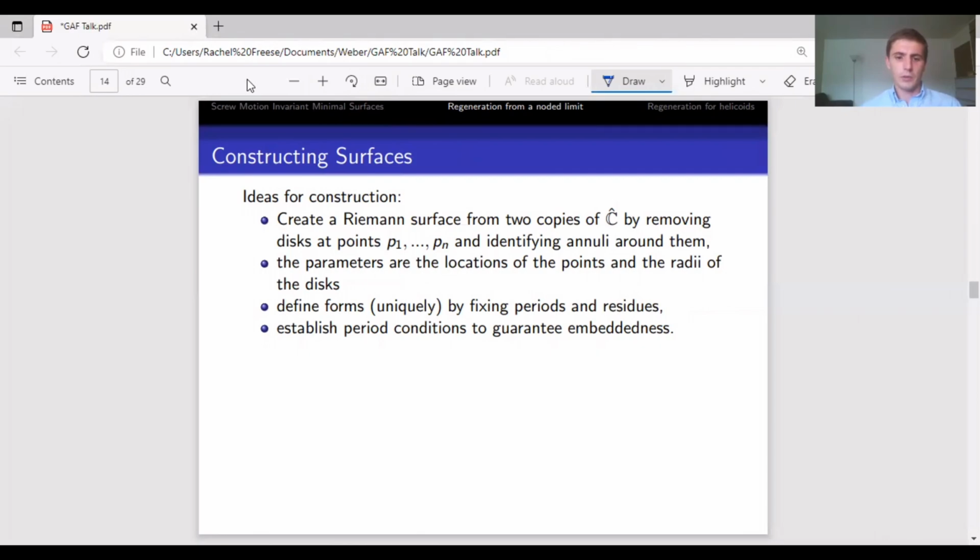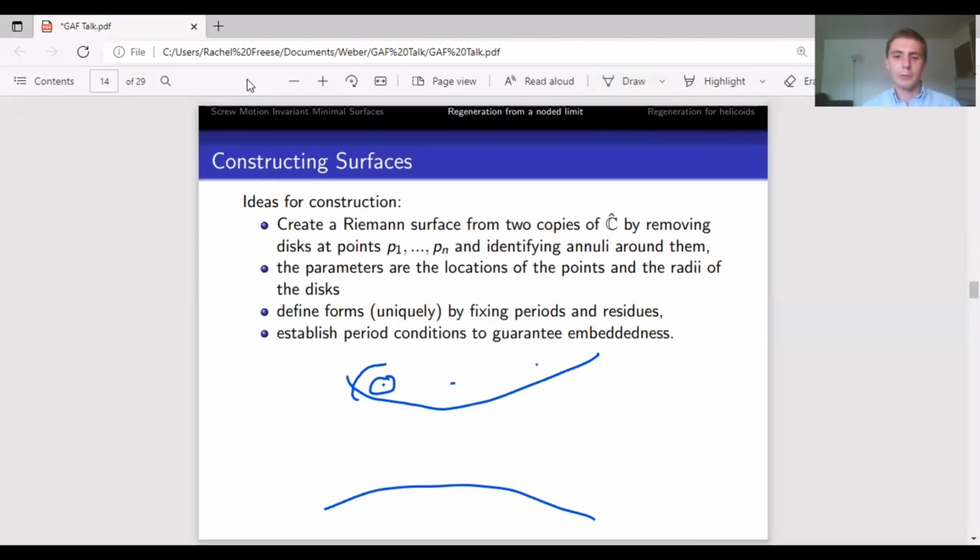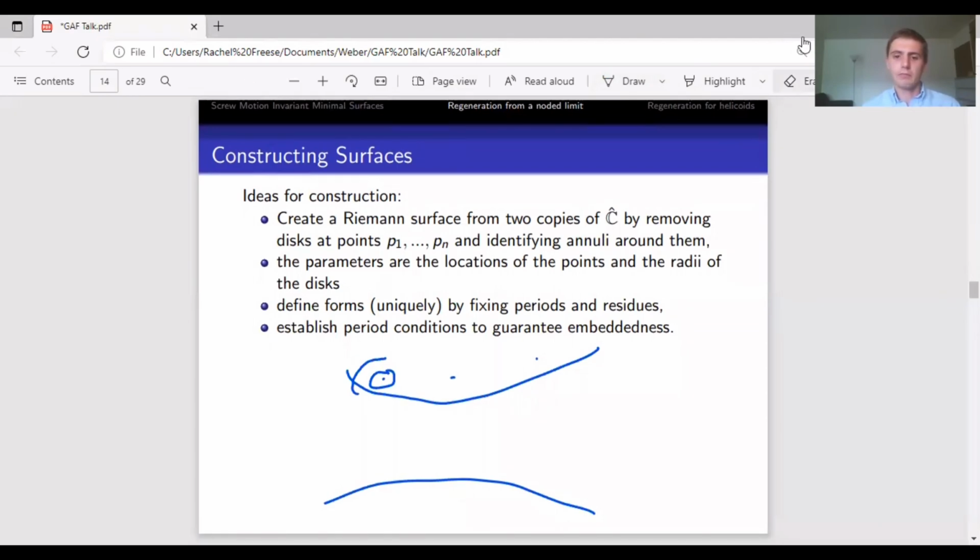So here we have two spheres, not going to draw the whole spheres. The idea is at different points, you cut out a disk, right? And then you identify annuli on both sides.